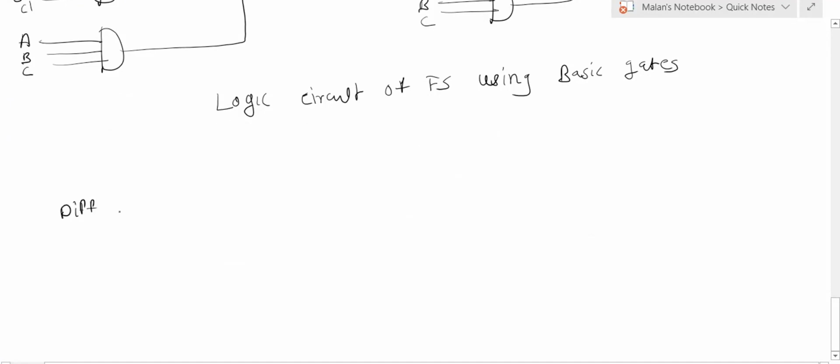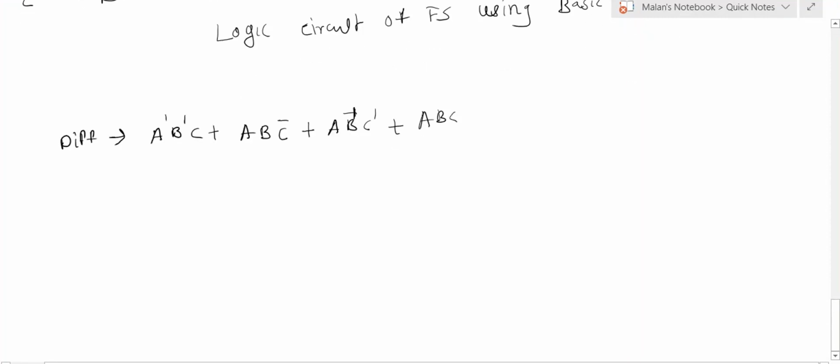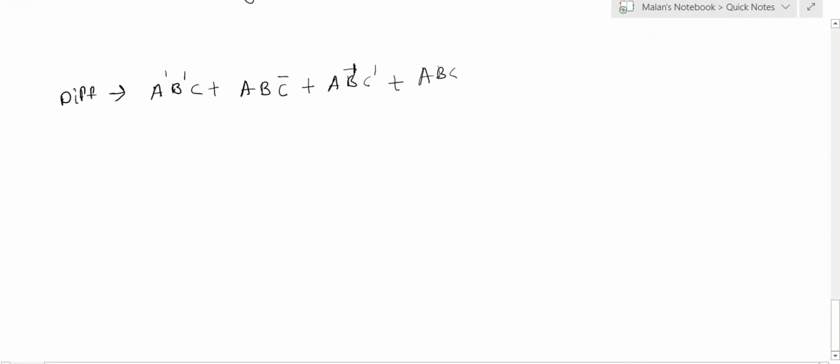The difference is identified as A bar B bar C, plus A bar B C bar, plus A B bar C bar, plus A B C. This is the Boolean function representing the difference. Now I will try to minimize it.